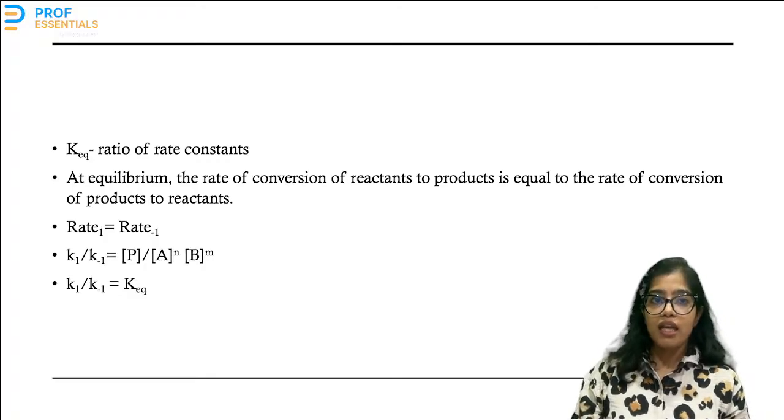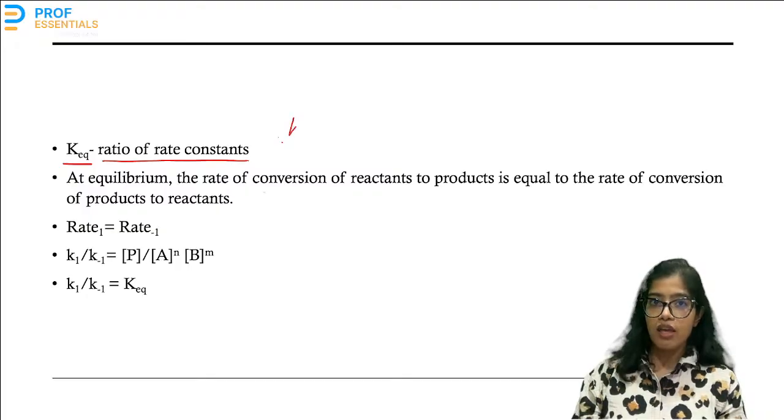Next, what is K equilibrium? This is the ratio of rate constants. Okay, ratio of rate constants. Which rate constants? Rate constant of the forward reaction, that is conversion of substrate to products, that is K1, upon conversion of products to substrates, K minus 1.